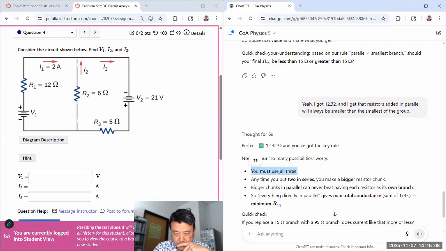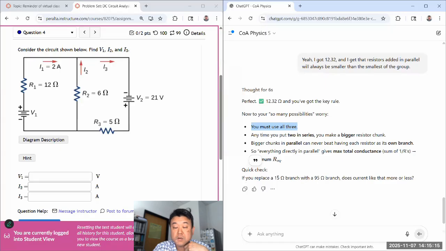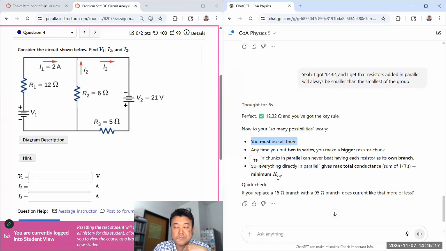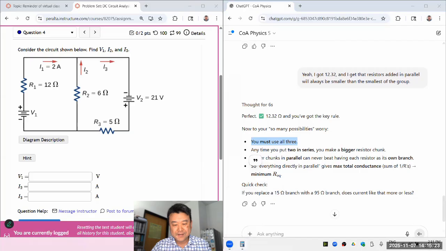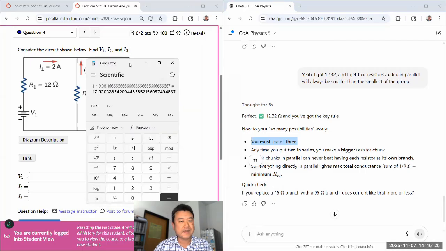I'm not sure if I agree with that, but I think the better response would have been, even if you were allowed to use two, it's actually bigger. I think this seems like a technicality that's not necessary to invoke.